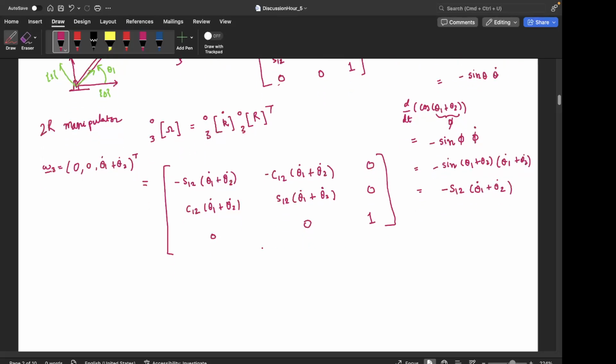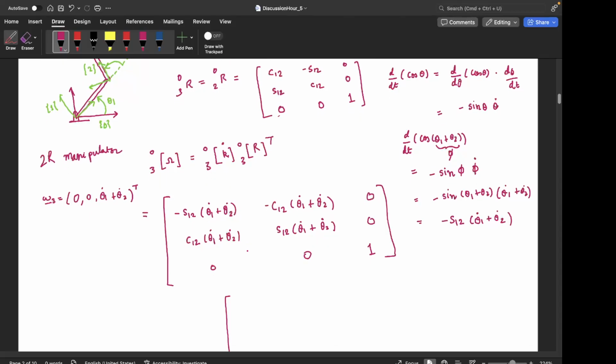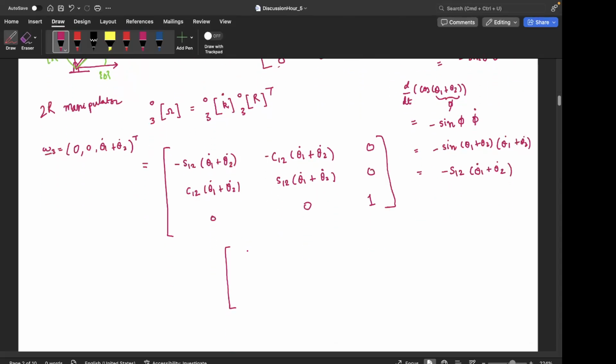So this is R dot, and this needs to be multiplied with R transpose. So R transpose would be c12, s12 would come here, minus s12 would come here, and c12.